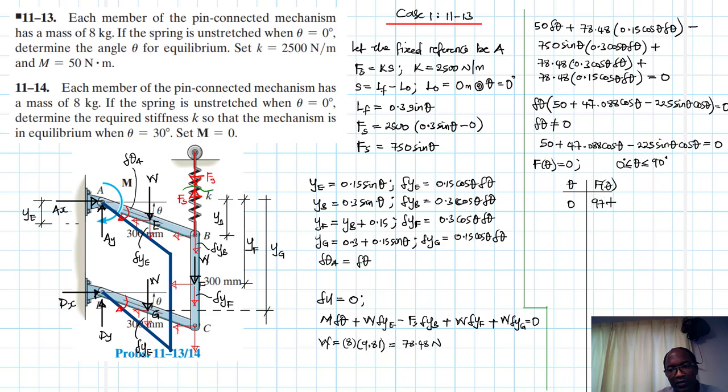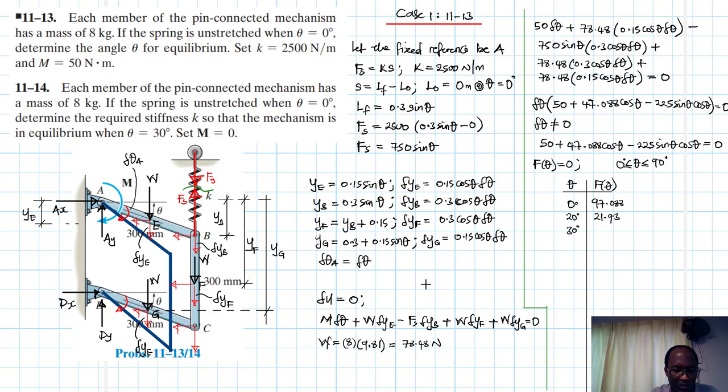So this is 97.088. Okay, let's plug in 20 degrees. So it's 50 plus 47.088 cos 20 minus 225 sine 20 cos 20. This gives us 21.93.